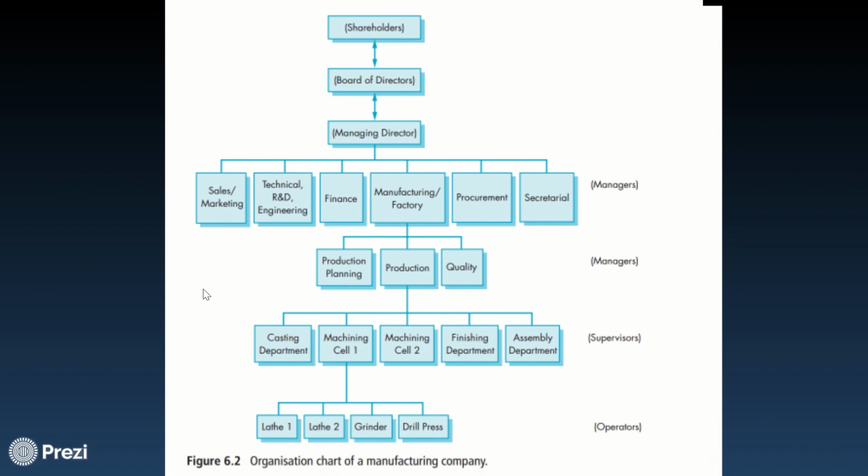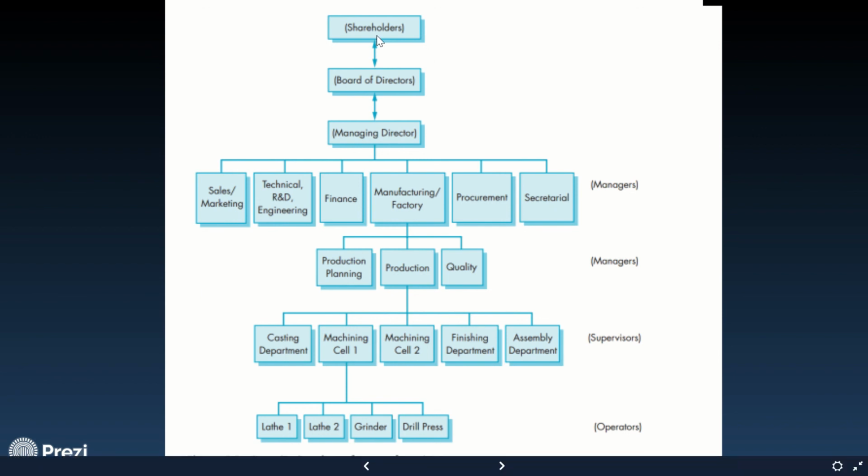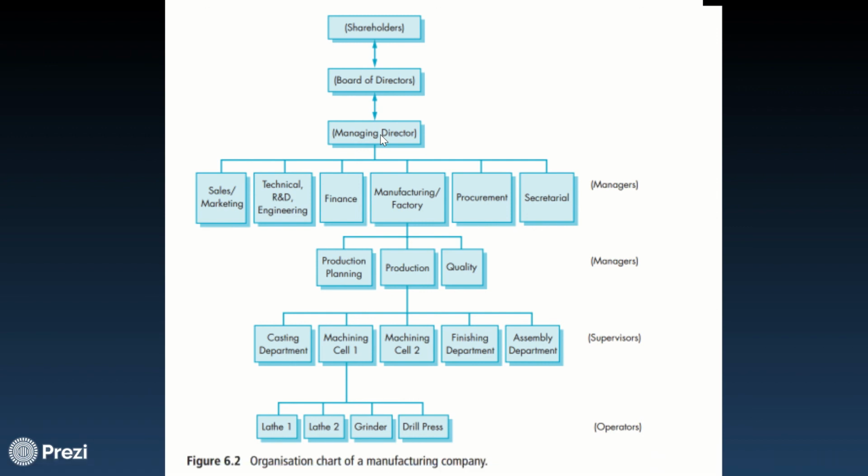So at the top, you have the shareholders, and then of course the shareholders govern what the board of directors do. So you have a board of directors, and usually you have a chairman, and then you have directors on the board. Underneath them is what's known as a managing director or a CEO, which is a chief executive officer.